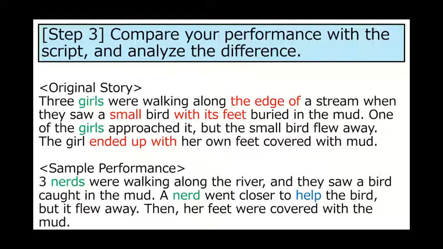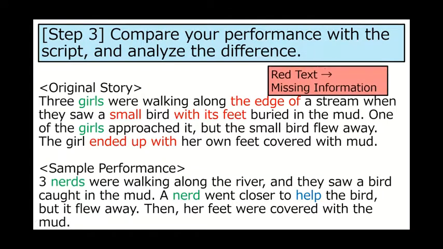Above is the original story and the below is sample performance. There might be a lot of differences, but all the differences can be categorized into three groups. The red text information appears only in the original story, but not in the sample performance. So I call them missing information.